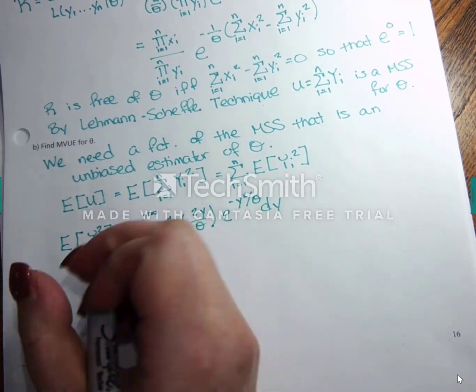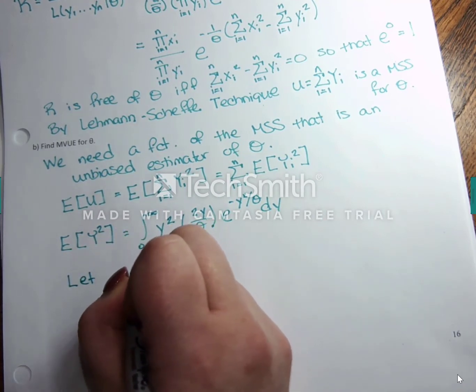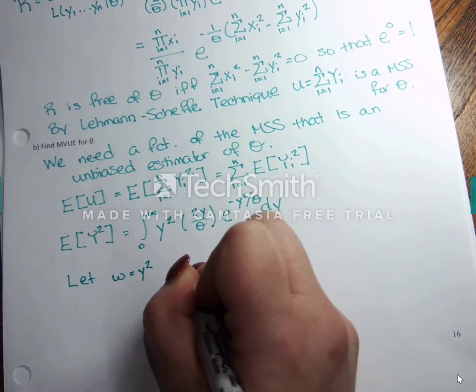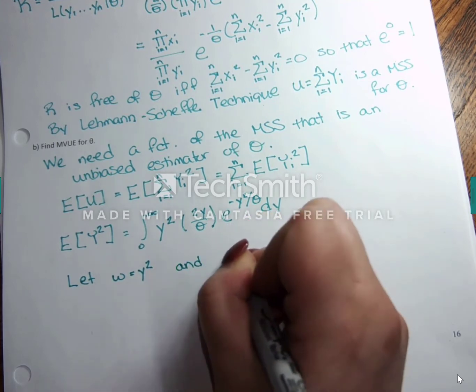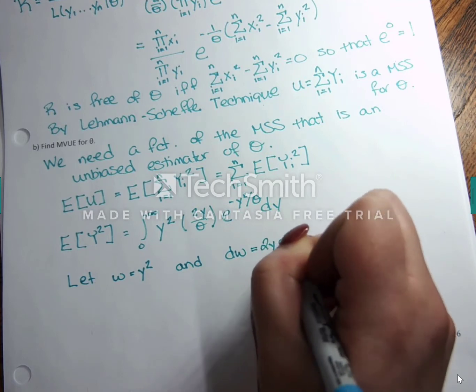To do this, we're going to let w be equal to y squared. And notice if we do this, that dw is equal to 2y dy.